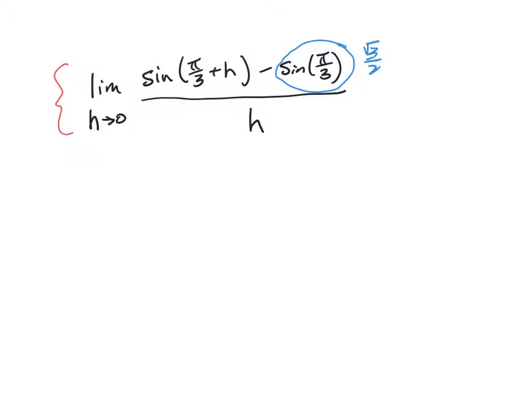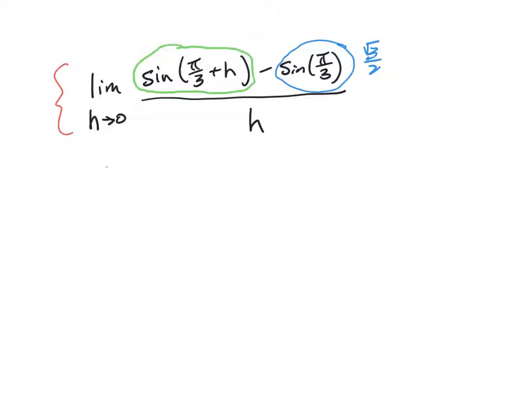The other thing I want to do is go to our identities and transform this expression, sine of pi over 3 plus h, using the addition identity.